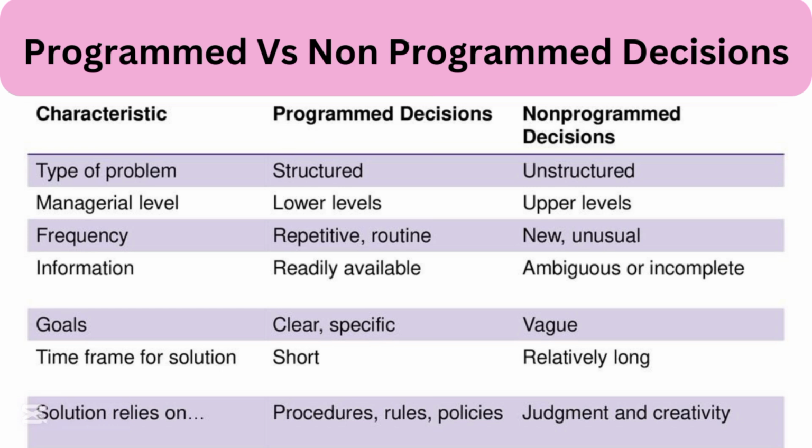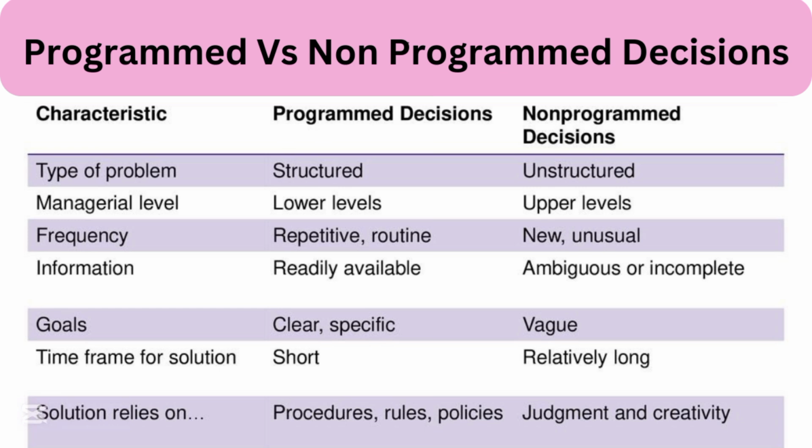For programmed decisions, information will be readily available. For non-programmed decisions, information will be ambiguous or incomplete. For programmed decisions, goals will be clear and specific. For non-programmed decisions, goals will be vague. For programmed decisions, the time frame for solution will be short.